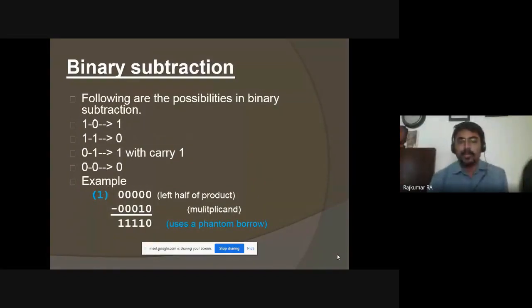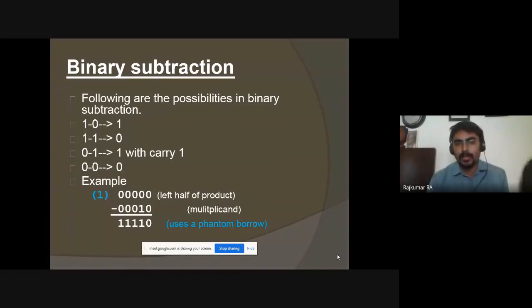And for subtraction also, 1 minus 0 is 1, 1 minus 1 is 0, and 0 minus 1 is 1 with a borrow. We borrow from another digit, then we have 1 as the result and 1 as the carry, and 0 minus 0 is also 0. In the same way we can perform 0 minus 0 and 0 minus 1 in the example. 0 minus 1 is 1, then we have a carry of 1.